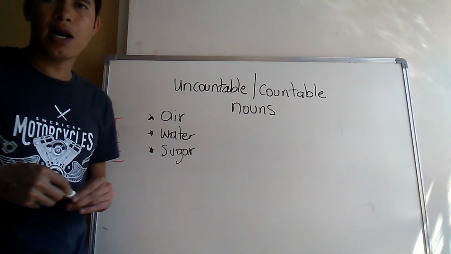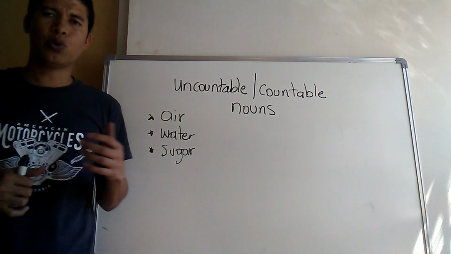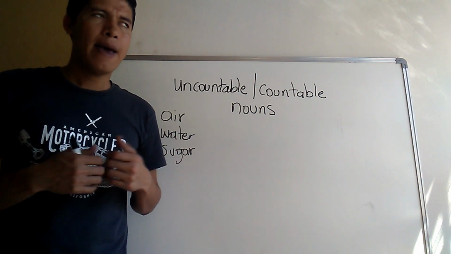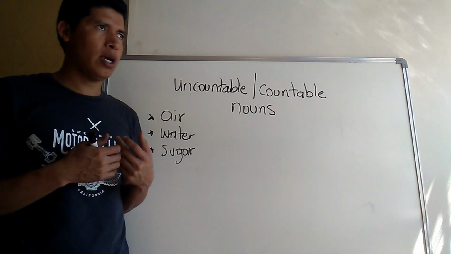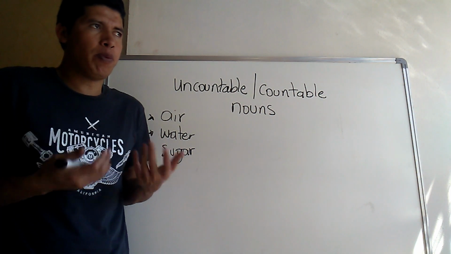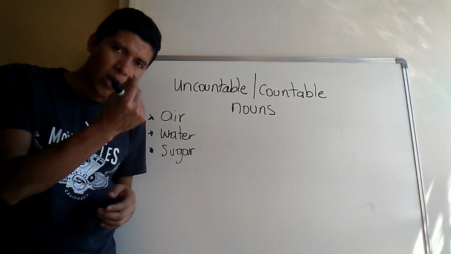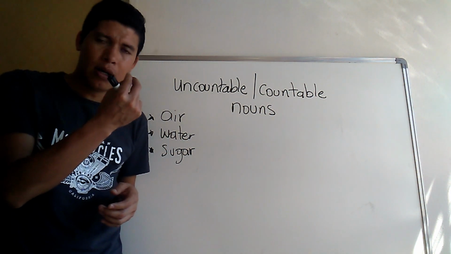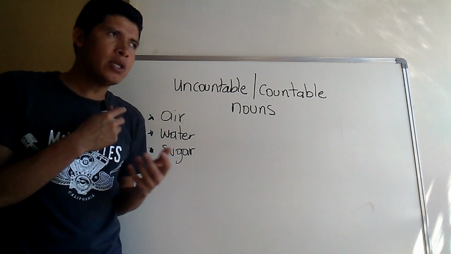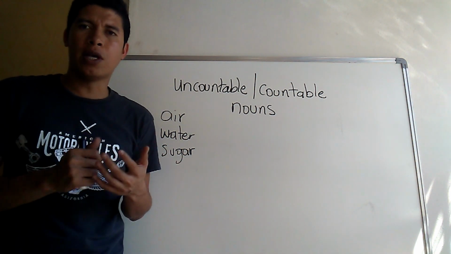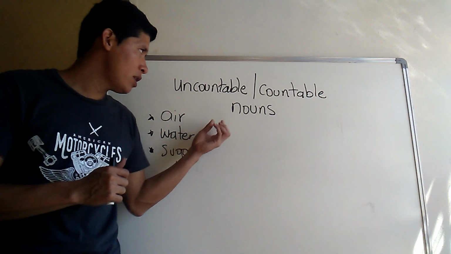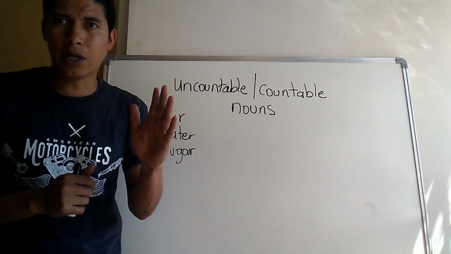Sugar is an uncountable noun too in English. Why? Because sometimes it is not possible to count the sugar: 1 sugar, 2 sugar, 3 sugar. This way, we are going to understand if a noun is countable or uncountable.